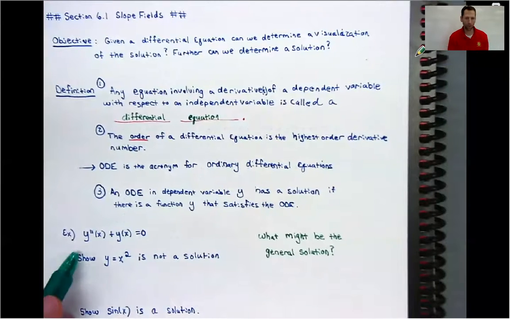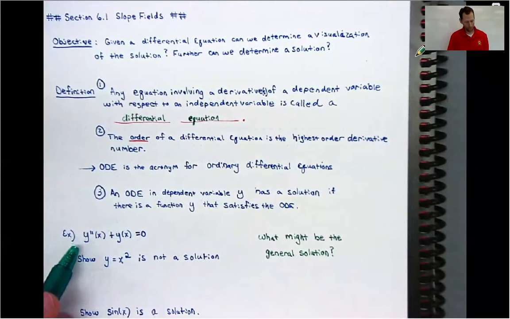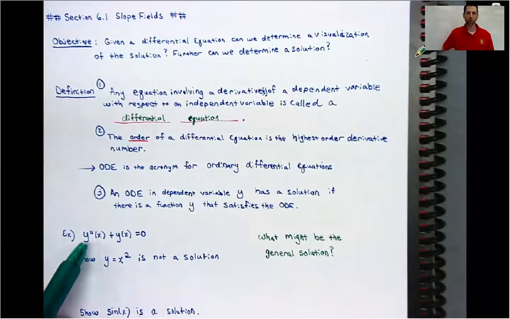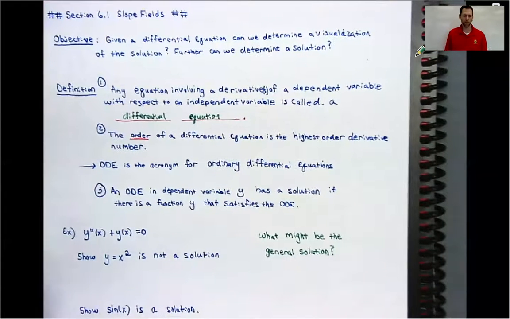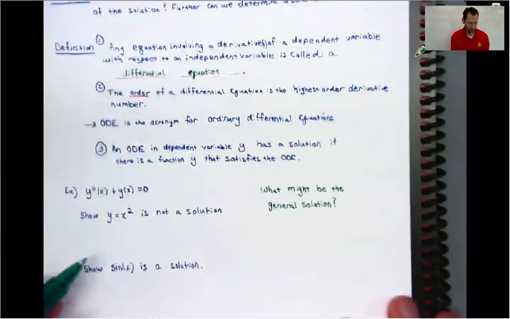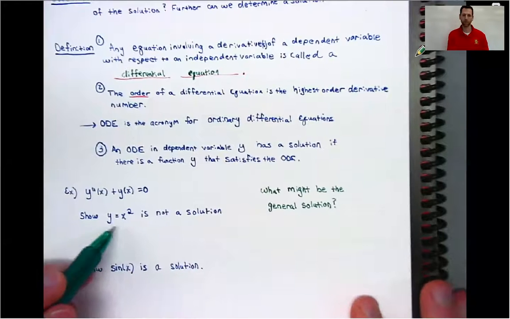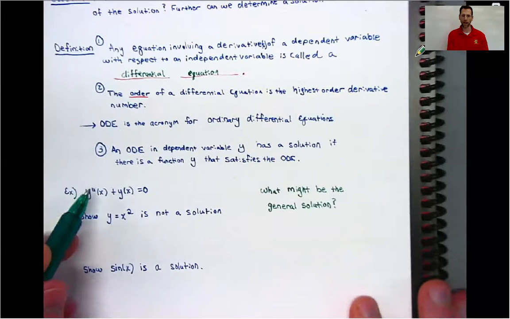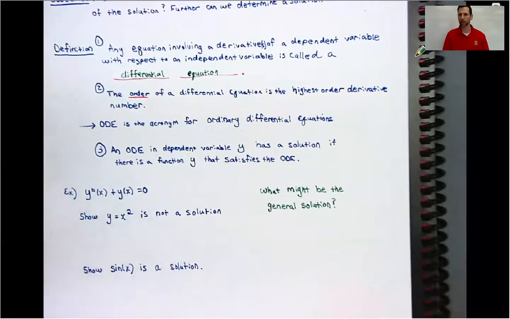So here's a differential equation. It's a second order differential equation because the highest order derivative is 2: y double prime of x plus y of x equals 0. And I just want to show that y equals x squared is not a solution. To show it's not a solution, we're going to take two derivatives of y and add that to the original function. If that sums to 0, always, then we would say it's a solution.